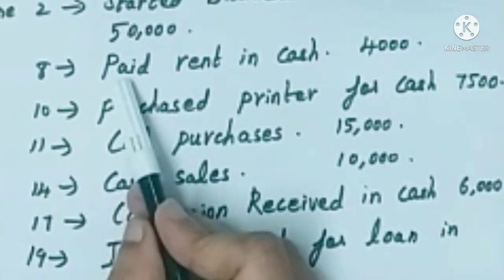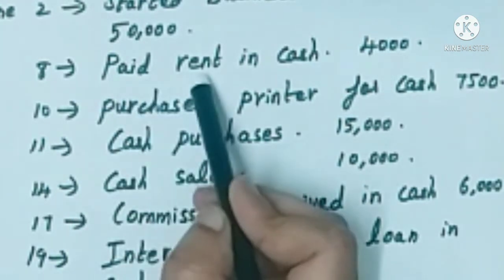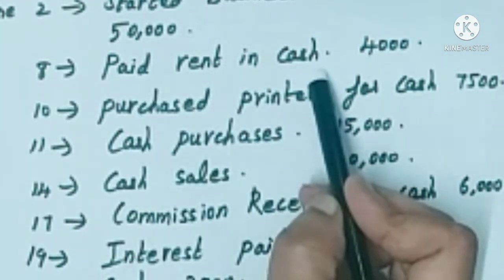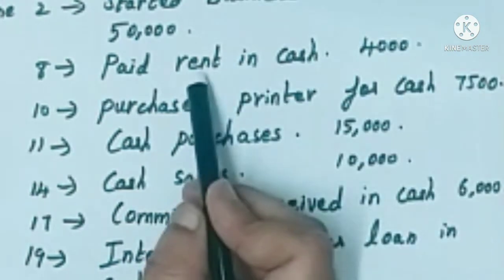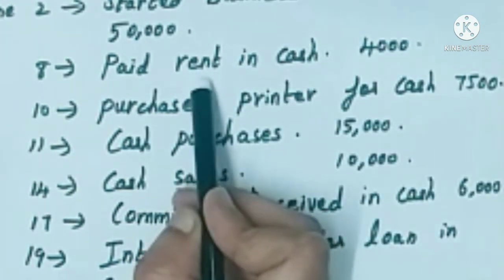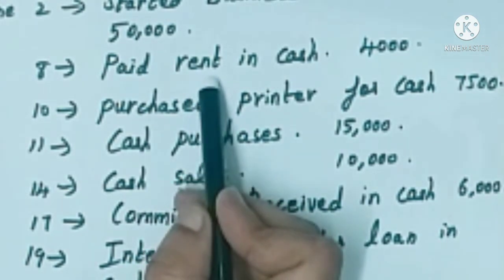Okay, the next transaction is on 8th June. Paid rent in cash rupees 4,000. Okay, what is rent? Rent is an expense. Salary, rent, all these are expenses, isn't it? Insurance premium paid, all these are expenses.